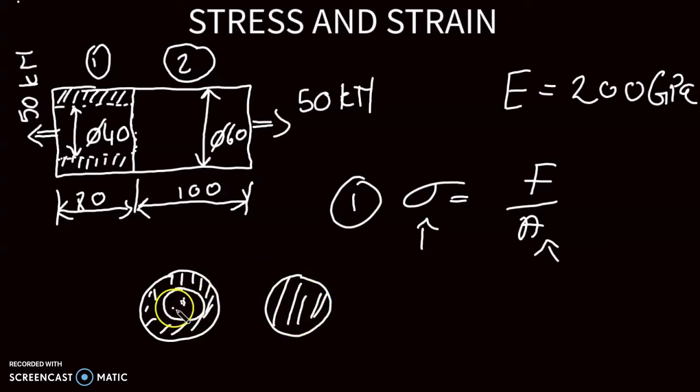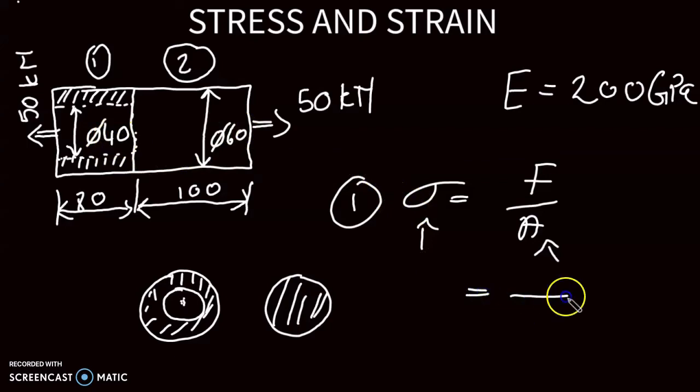There is no hole, but for object number 1, there is a hole, meaning the area here is less than the area in object number 2, meaning the maximum stress will occur in object number 1.